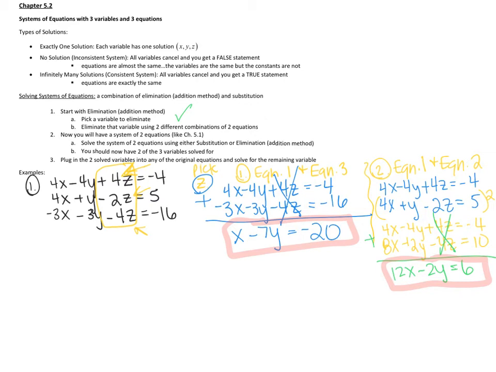So now when I have these 2 equations together, I'm going to solve 2 equations just like we solved in our last section. So let's go ahead and write those equations down together so we can see them here. So I've got 12x minus 2y equals 6, and I have x minus 7y equals negative 20. So now it's up to you how you want to solve. Remember, I've got 2 options.